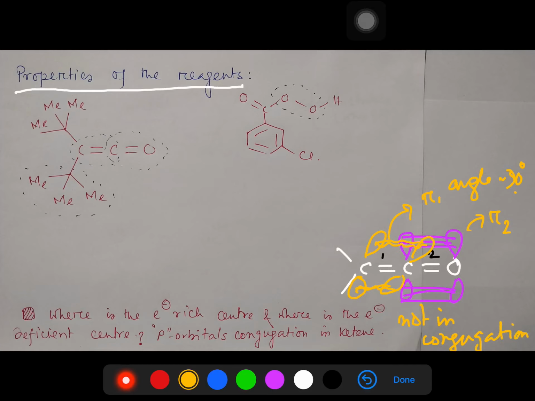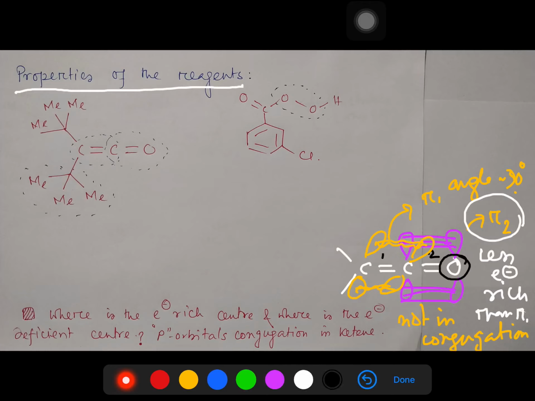Fine. Point number 1. Second, electron richness. See, pi bond 2 is less electron rich than pi 1. Why? See, in this pi bond 2 there is an electronegative atom, oxygen.